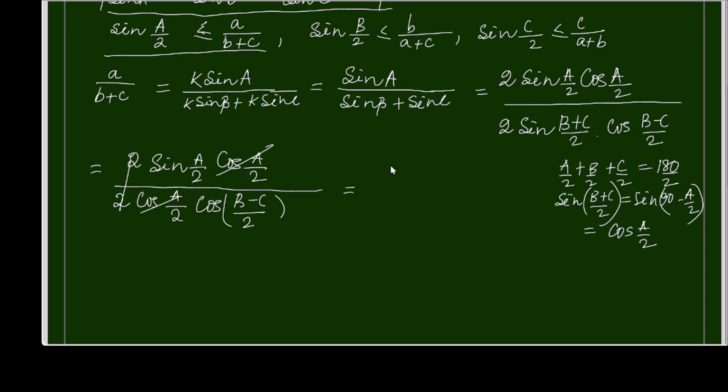Ultimately I'm getting this ratio: sine half A over cos of (B minus C) by 2.